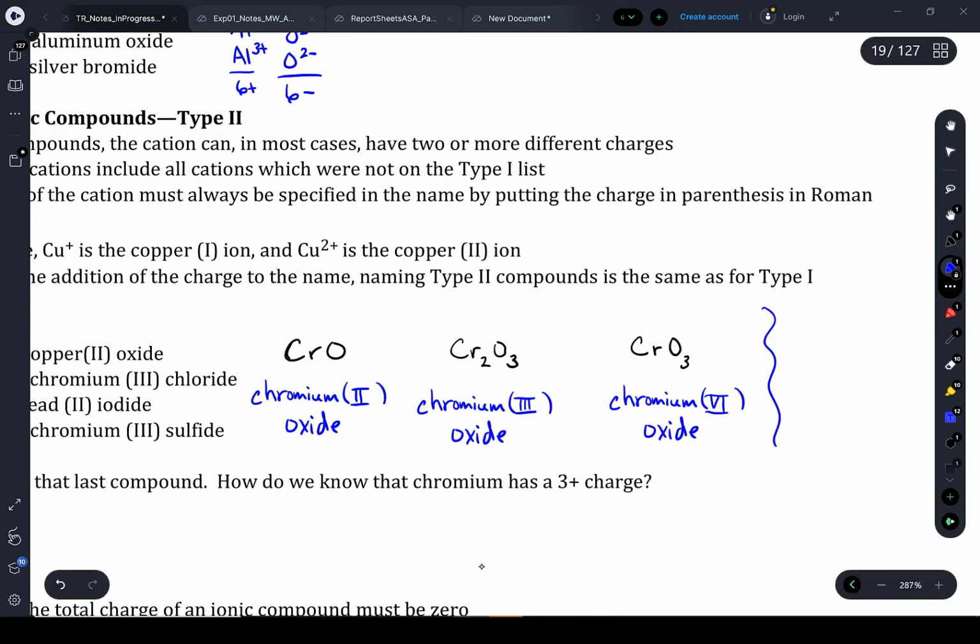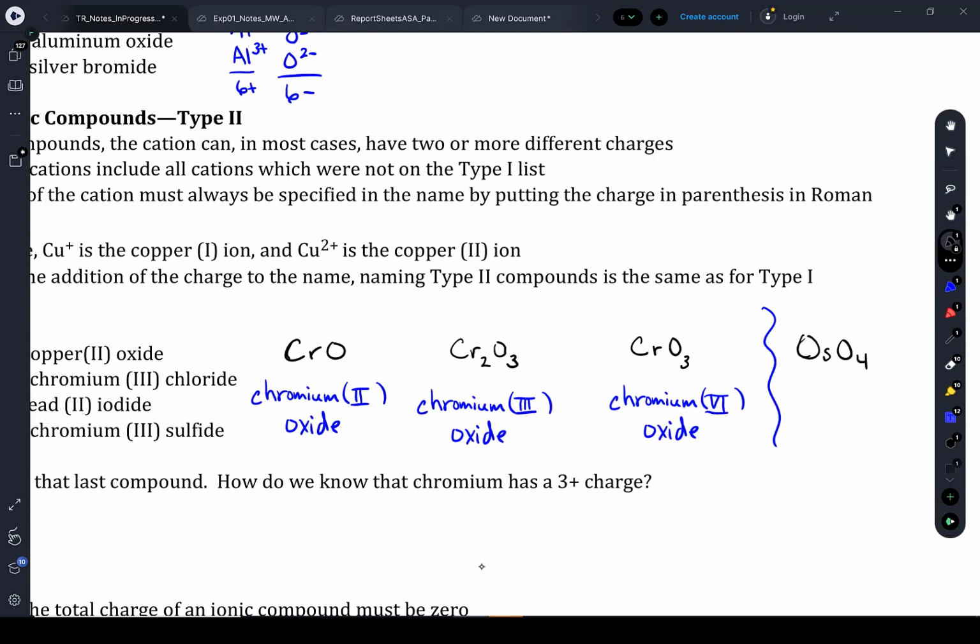For example, I don't know if you've ever, I don't think this element is on the list to memorize. Os. Os is called osmium. Most people call this osmium tetroxide, and most people call this chromium trioxide.